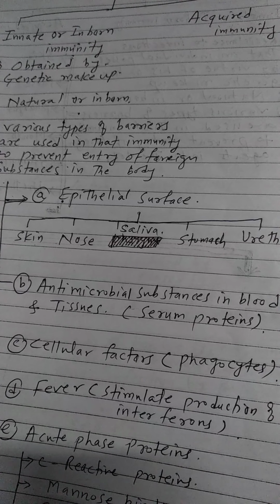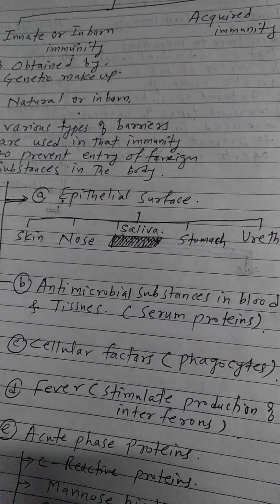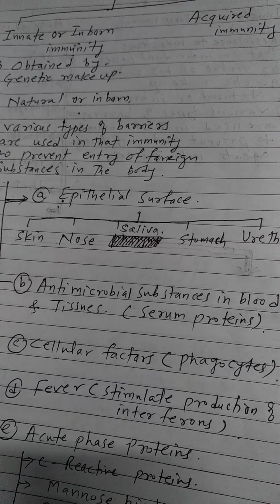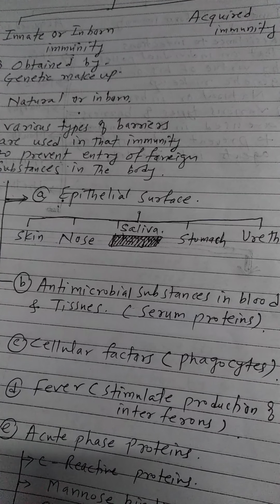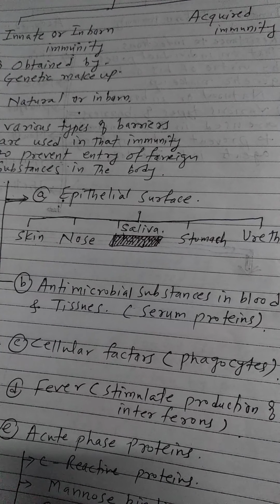Some WBCs act as phagocytes, that is, if any foreign particle or pathogen enters inside the blood, these phagocytes engulf and kill these pathogens.